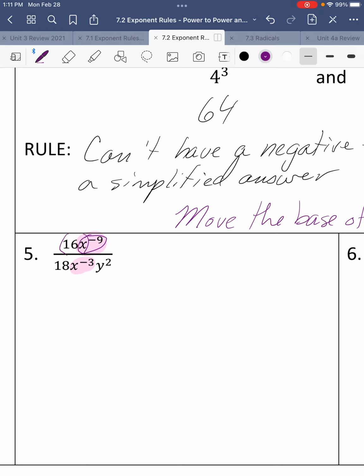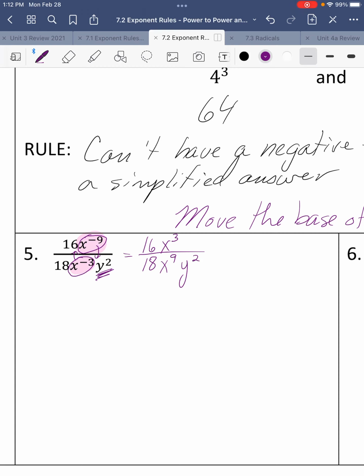There'd be a parenthesis around 16x if 16 was also being raised to the negative 9. It is not. So I'm going to move that x to the negative 9 into the denominator to make it positive. I'm going to move this x to the negative 3 to the numerator to make it positive. And then the y squared is still positive, so that stays there.